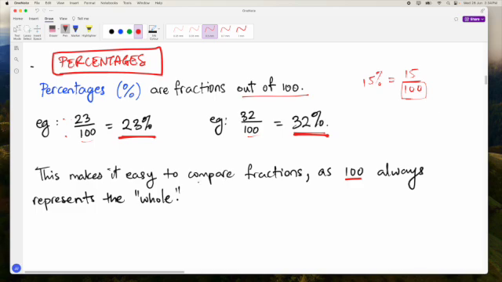This makes it easy to compare different fractions, as 100 always represents the whole. So 15% could be seen as 15 over 100. Just remember the word percent, the word cent meaning 100. So per 100, 15 out of 100.